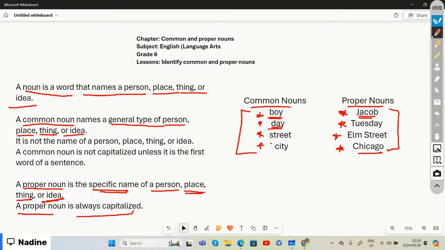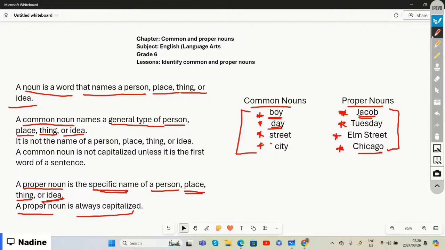They are general things, meaning that you can make mention of something, but it can be anything or anyone. Whereas a proper noun is a specific name of a person, a specific name of a place, a specific name of a thing, or a specific name of an idea. Meaning that we always capitalize proper nouns.